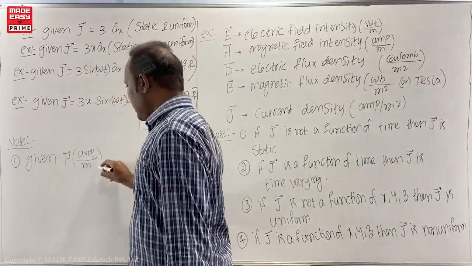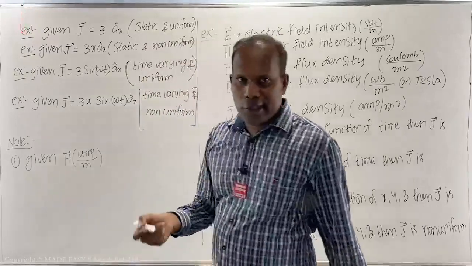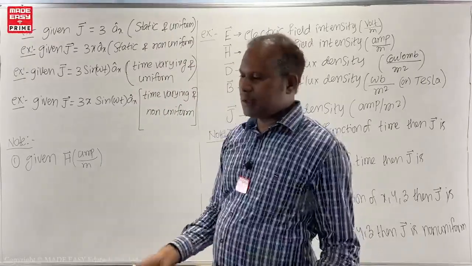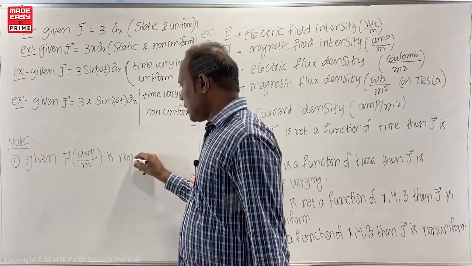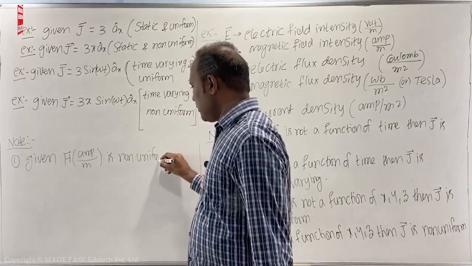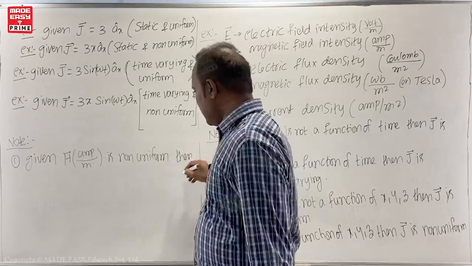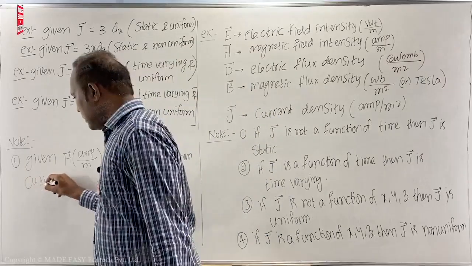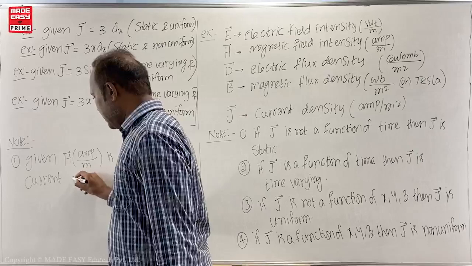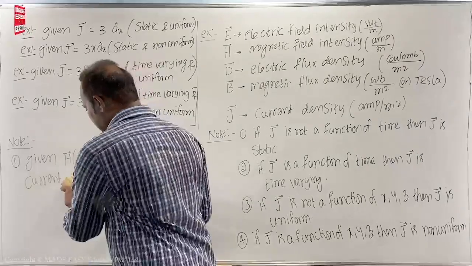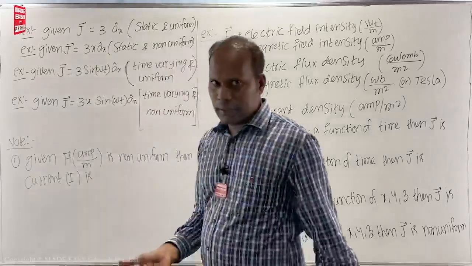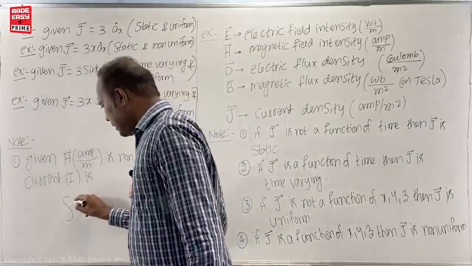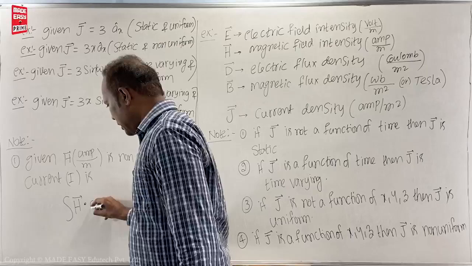So, given h bar, where it is given in the examination question, given h bar is non-uniform, then current I is, you see this, you take single integral of h bar dot dl bar.